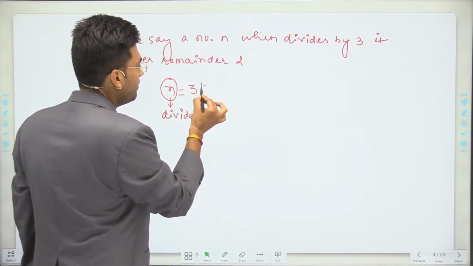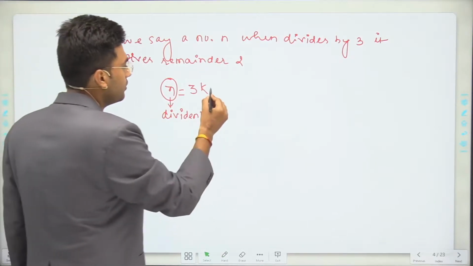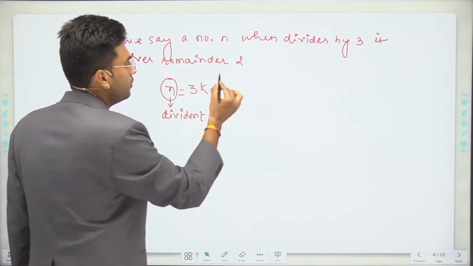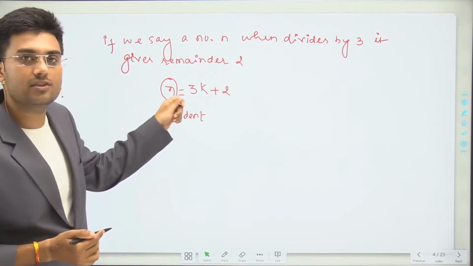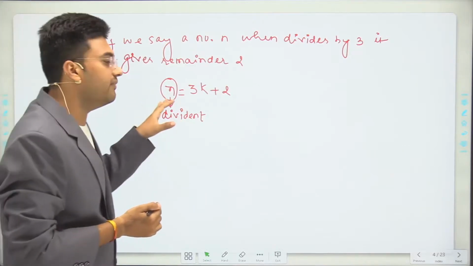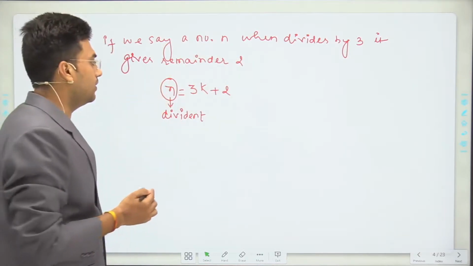Let any number k be an integer and it is the quotient, and 2 is the remainder. So we can write this number n as 3k plus 2, because when we divide n by 3 we will get remainder 2. Clear?